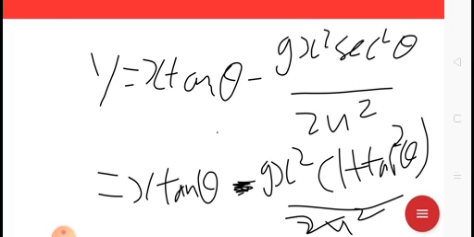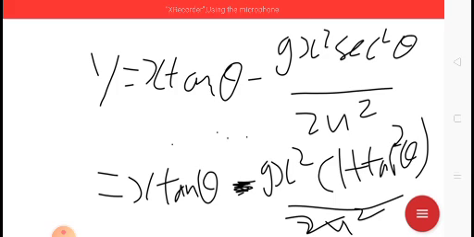Because sometimes they ask you to prove, and sometimes they give you a general equation. So you compare the general equation with this. You know the component of x, and you know the component of u, or the component of theta, right? So they ask you to find directly from the equation. So you need to compare the general equation to the equation given in the question.